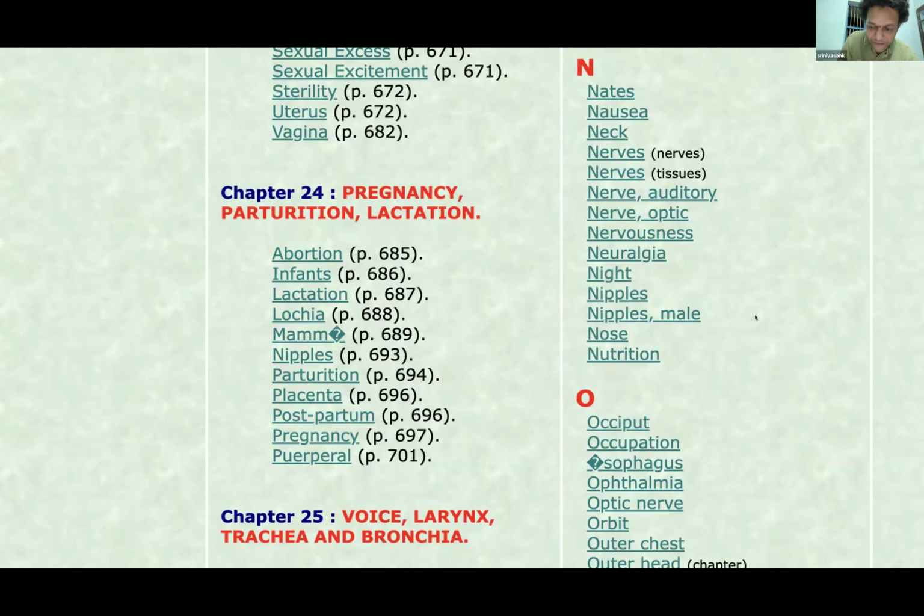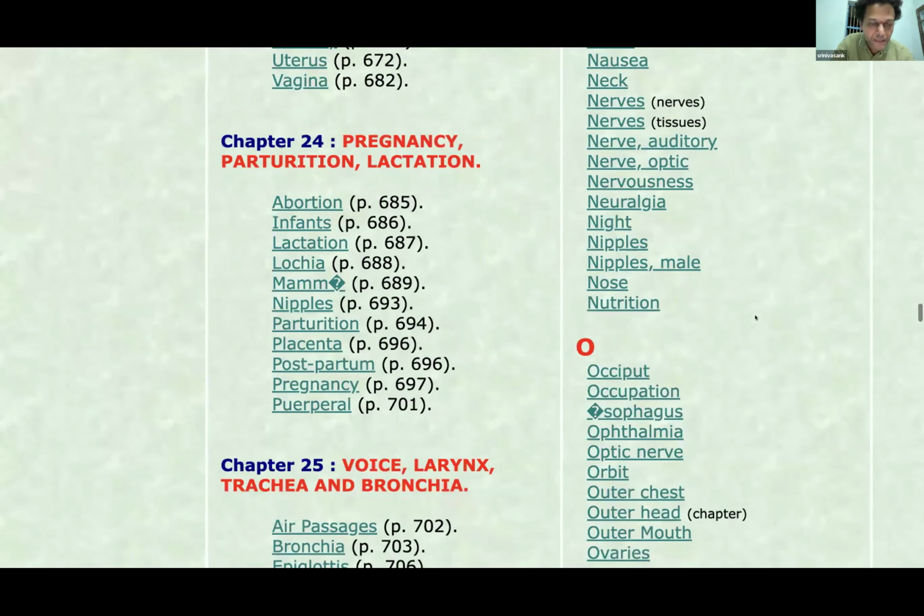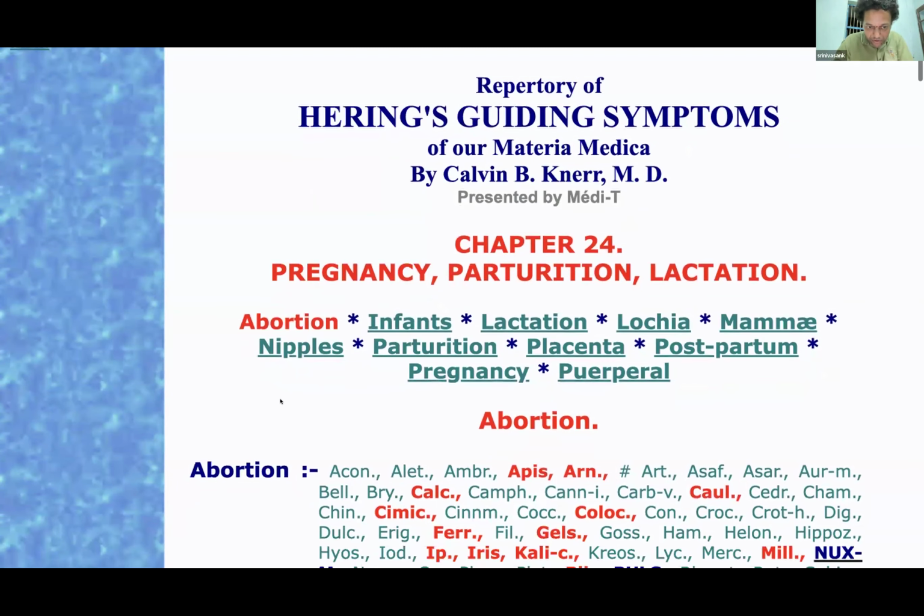Okay. And here you find subchapters: abortion, infant, lactation, lochia, mammary, nipples, parturition, placenta, postpartum, pregnancy, puerperal stage. So these are subchapters, and these subchapters are arranged alphabetically. If you click open a subchapter, that will show rubrics and subrubrics again in alphabetical order. I will just show you this example. I clicked open subchapter abortion.